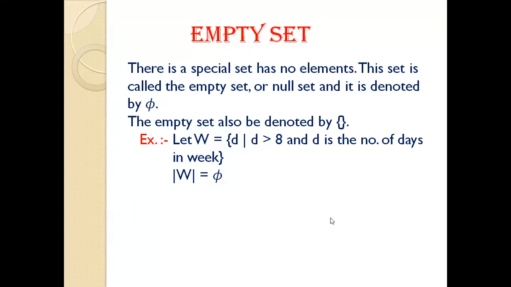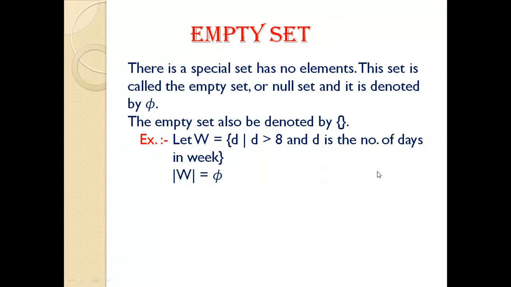Now we see empty set. It is a special type of set because it contains no elements. This set is also called a null set and it is denoted by this symbol, the null symbol. In this way we represent our empty set.